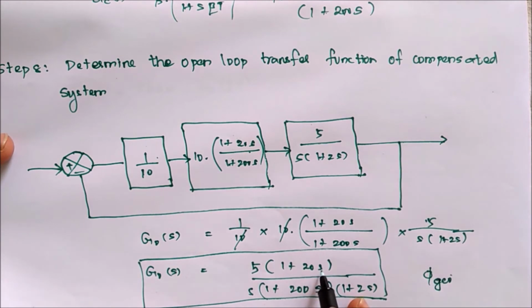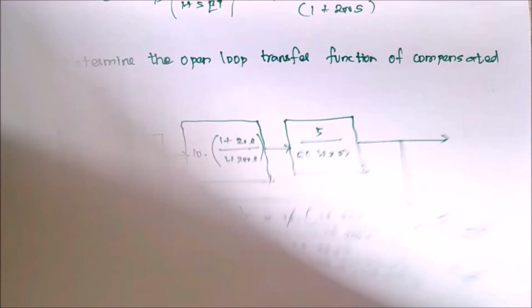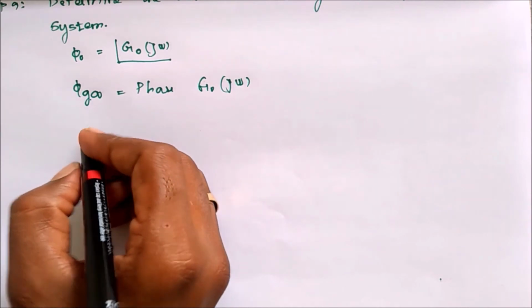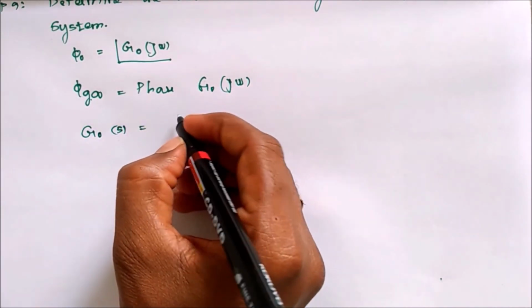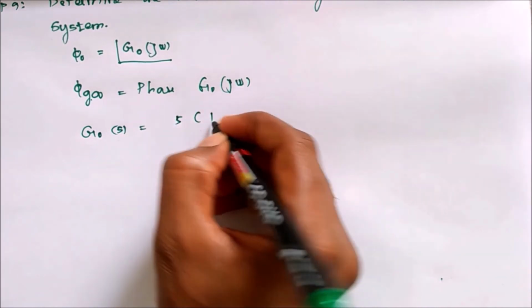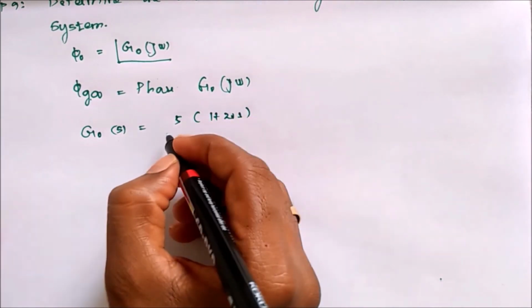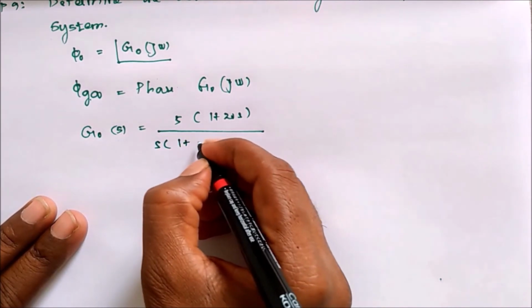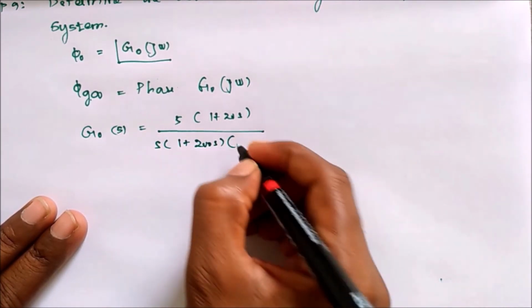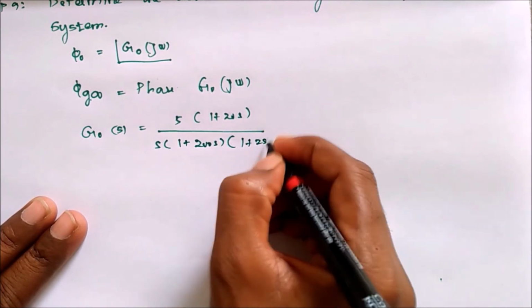Instead of s we have to use j omega. Actually we have to take g naught of s equal to 5 into 1 plus 20s divided by s into 1 plus 200s into 1 plus 2s.